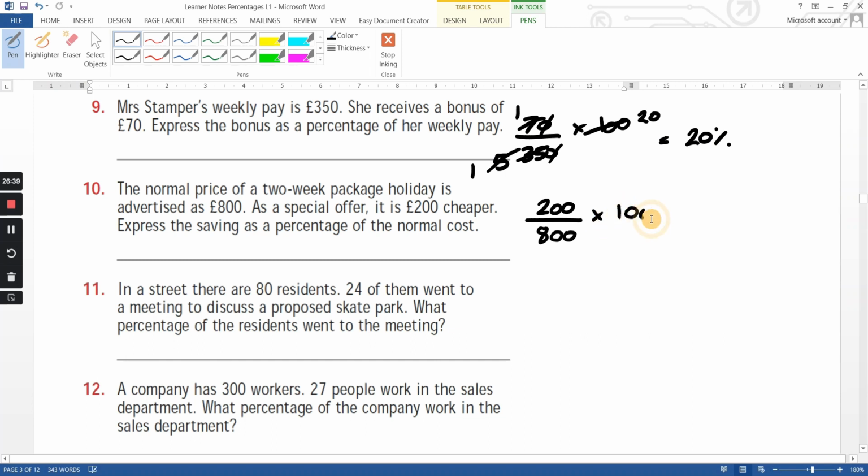Let's do it this way. Okay, so simplify. Let's get rid of this, get rid of that, get rid of that, get rid of that. And let's divide by 2 here, divide by 2 here. So it's a quarter. A quarter as a percentage is 25%.